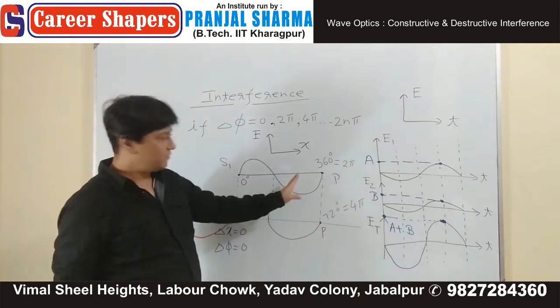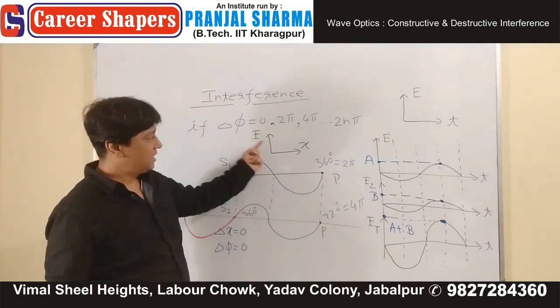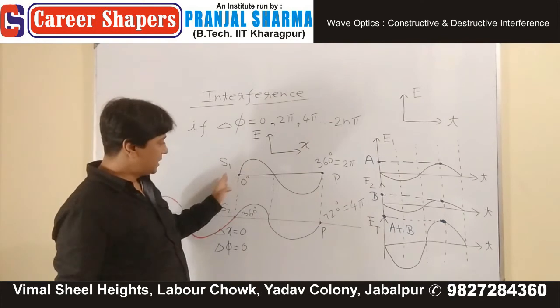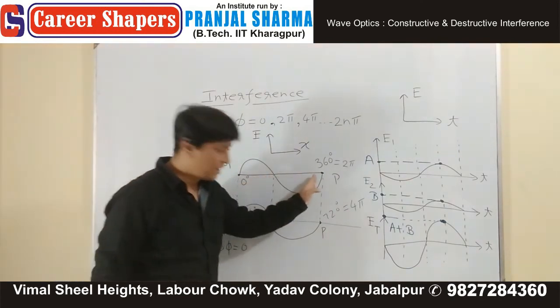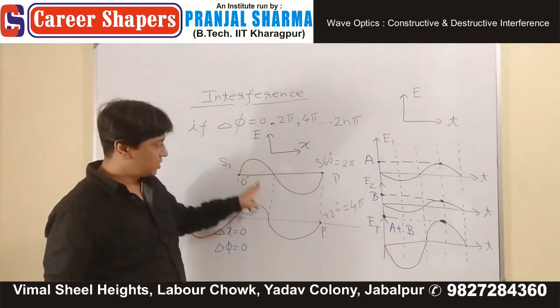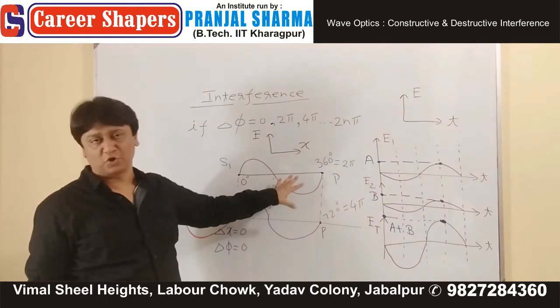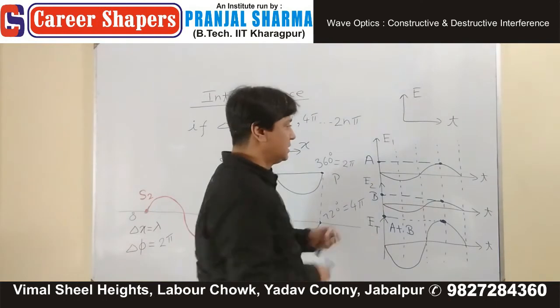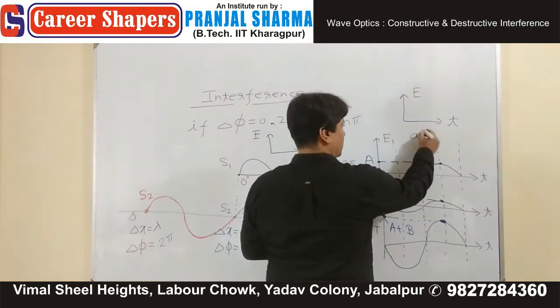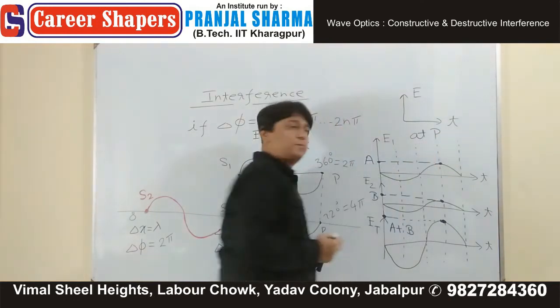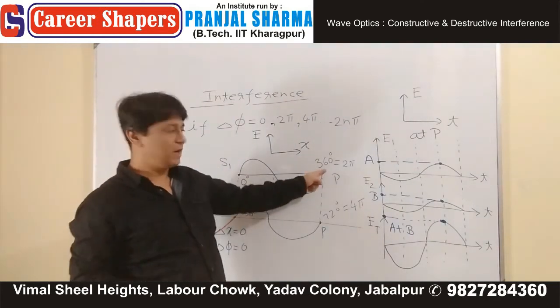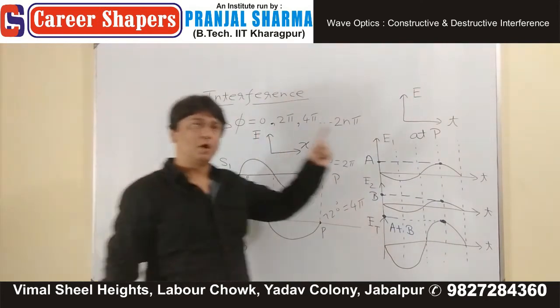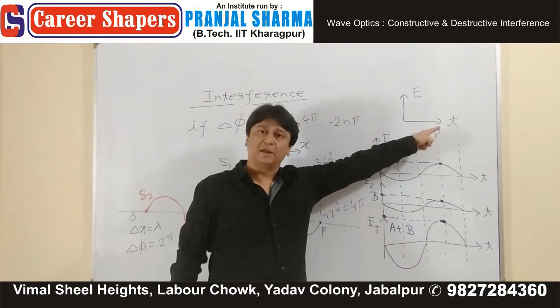In this graph, we have plotted E versus X at different points, variation in the strength and direction of the electric field. This is something you are looking at point P. So at point P, I asked you to draw a graph of E versus T.